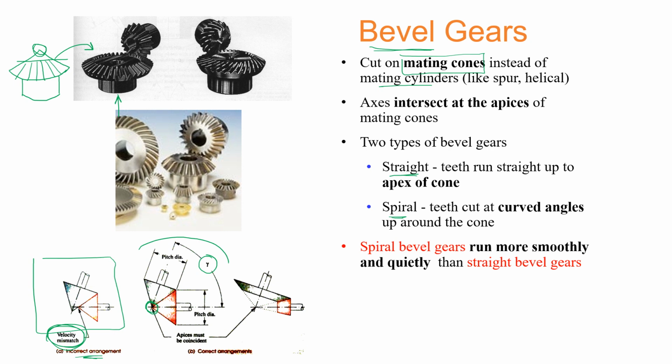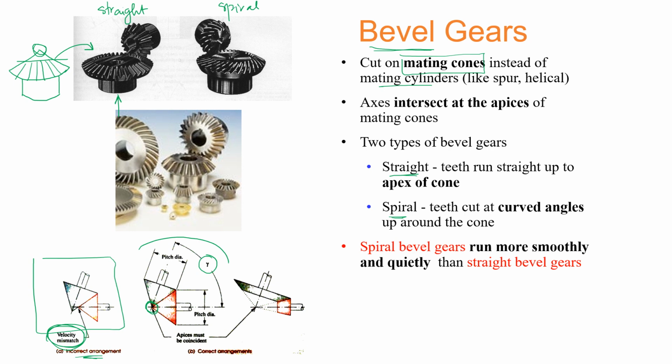So you can see the two examples over here. This one is for the straight example, and this one corresponds to the spiral example. And obviously you can see the internal arrangement is quite different.